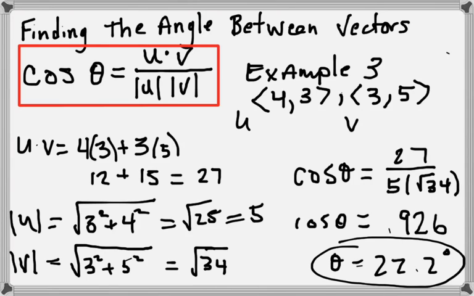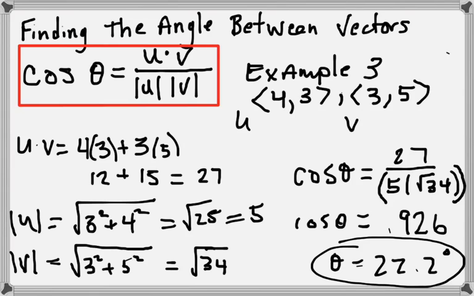But be careful. Listen to me. If you type in 27 divided by 5 and you hit times the square root of 34, it won't work. If that whole part is in the denominator, you're going to have to put parentheses around the whole bottom part when you type it in. If you don't, then it's going to think that the square root of 34 is on the top. And that's going to give you something crazy off.